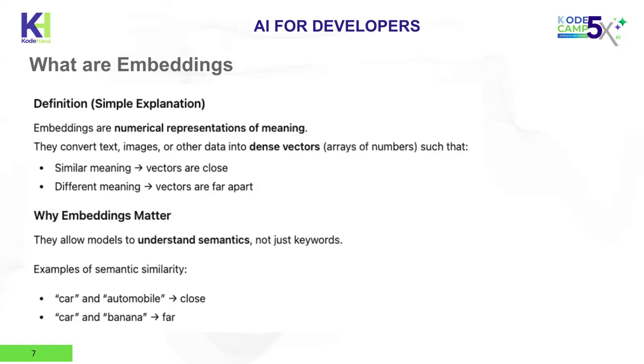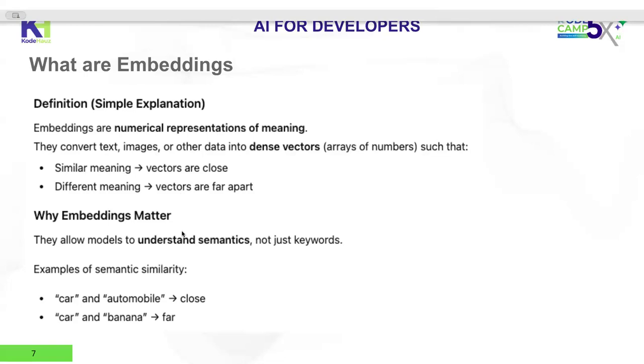You could even take a neural network trained to recognize handwriting, and you'll find that the embedding from any image that looks like the number 7 will be similar. And any image that looks like the number 5 will also have a similar embedding, but totally different from the embedding of the number 7. So it is very interesting.